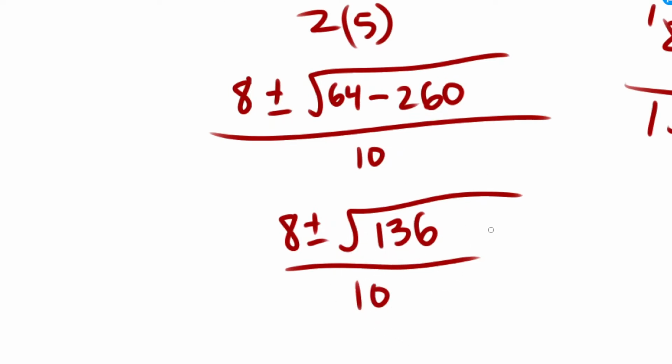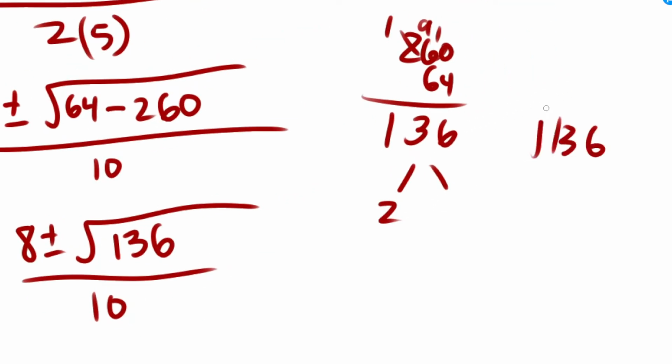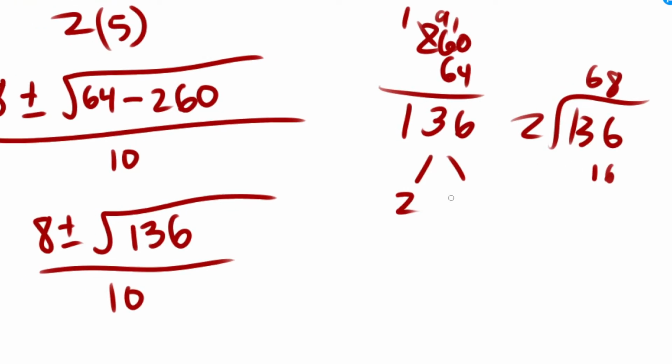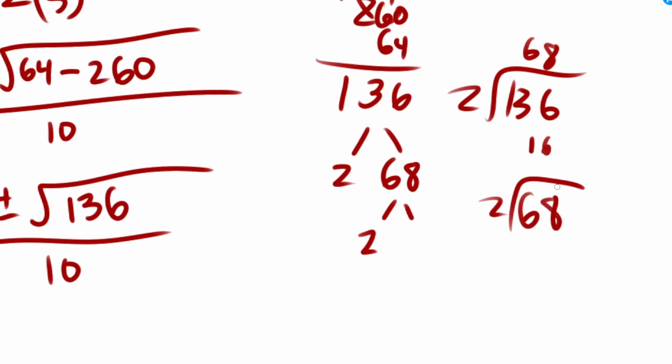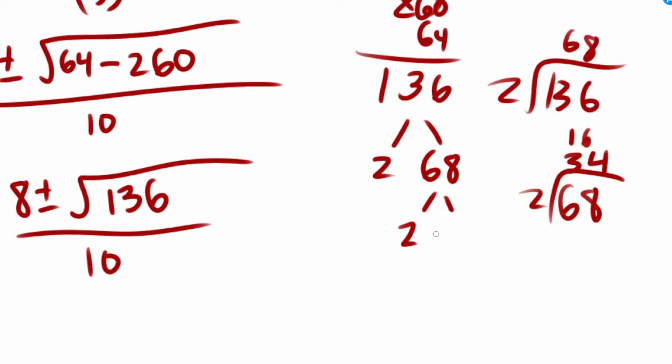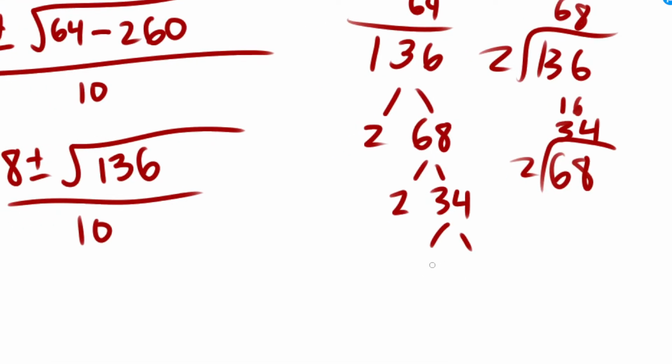We can take stuff out of this for sure. So we'll do 136 divided by 2, which is 68. And then that can be divided by 2 again, which is 34. Which can be broken down into 2 and 17.